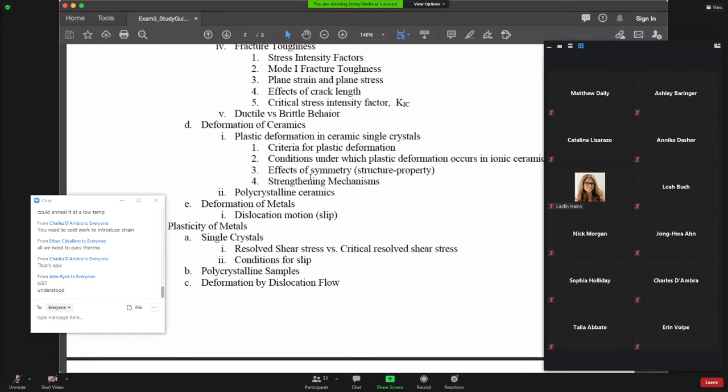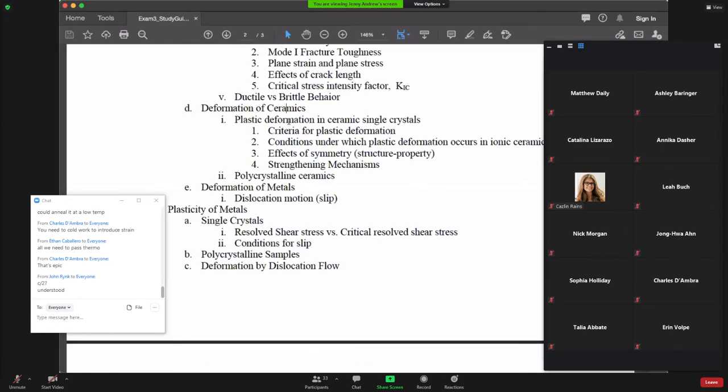So, okay. The next thing we talked about was deformation of ceramics. And of course, there are some scenarios where we can get plastic deformation in ceramic single crystals, which is basically when pigs fly and you find some conditions where a dislocation can actually move in a ceramic material. You're more likely to see dislocations move in something that's more ionic than something that's more covalent.